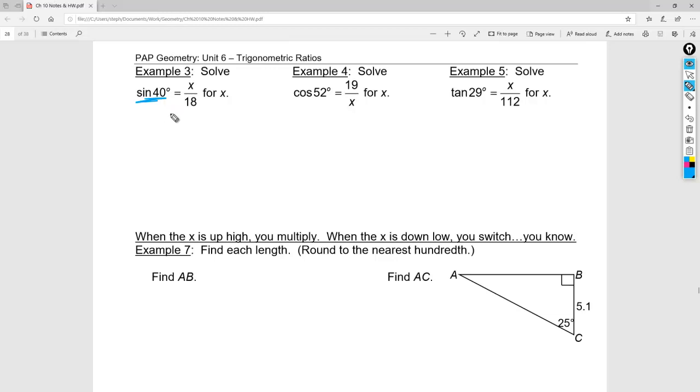Something that students often struggle with, though, is that sine of 40 is an operation in and of itself. Sine of 40 is not sine times 40 degrees. So you cannot divide sine out of both sides. That's not how sine works.